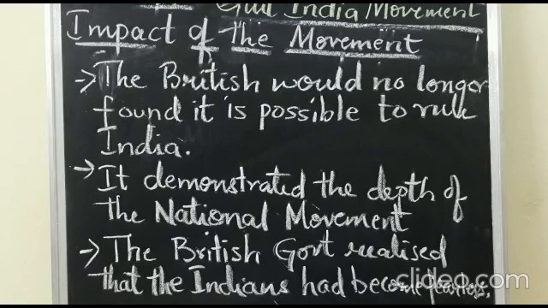And what did the British find? They found it increasingly difficult to suppress the Indian national movement. So what did it demonstrate? It demonstrated the depth of the nationalistic feeling. After this, who carried on the national movement? It was Netaji Subhash Chandra Bose and his Indian National Army.